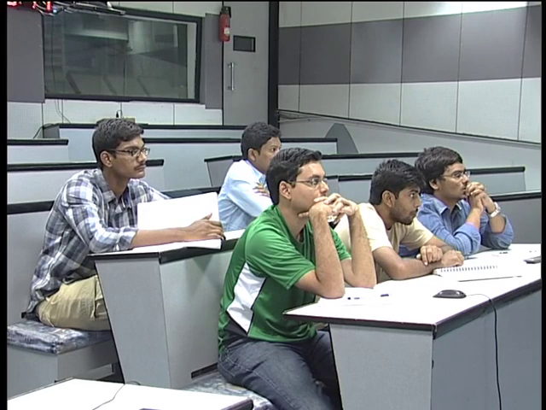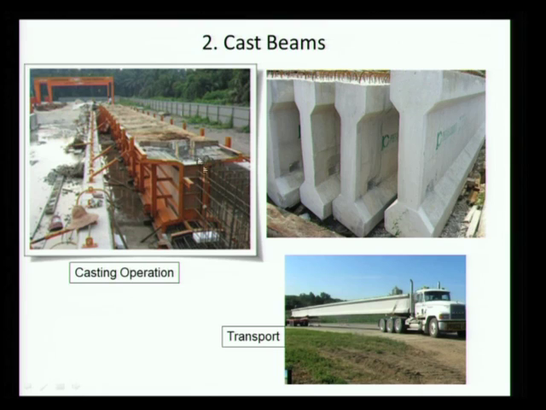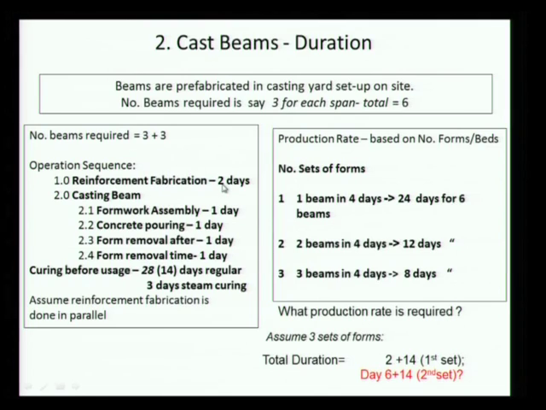Which means what do I do? What is the sequence? You will find that this reinforcement can be tied somewhere else, placed here, and then the formwork can be built around it. So I don't need to do this 2 days in sequence with the casting part of it. If we get into detail, assume the reinforcement fabrication is available.